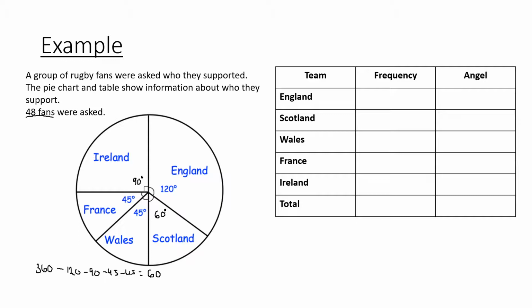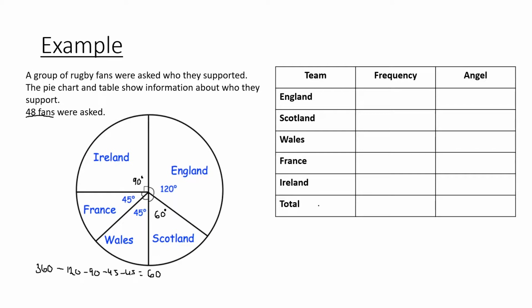Another way you can check it now, if you're correct, is just by adding up all of your angles. So doing 120 plus 60 plus 45 plus 45 and plus 90, and hopefully you should end up with a total of 360. Now, filling in our table here. So first and easiest thing is to fill in the total. So the total frequency is the total amount of people or things that we're analysing, and in this case it's fans.